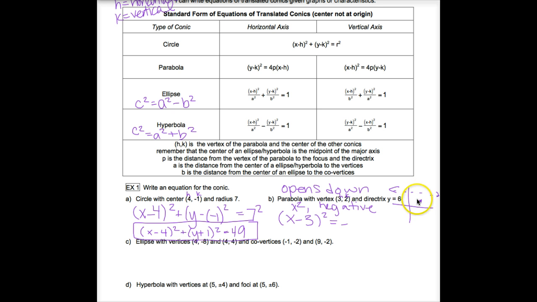And you can get that from this sketch as well. If this is at 2 and this is at 6, that means that the distance between those is 4. That's your p. So p is 4. That means that 4p, of course, would be 16, and we know it's negative. So negative 16, and then I can do my y minus k, which is 2. So there is my equation.